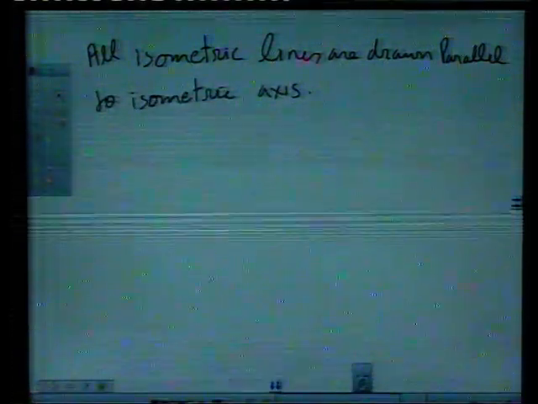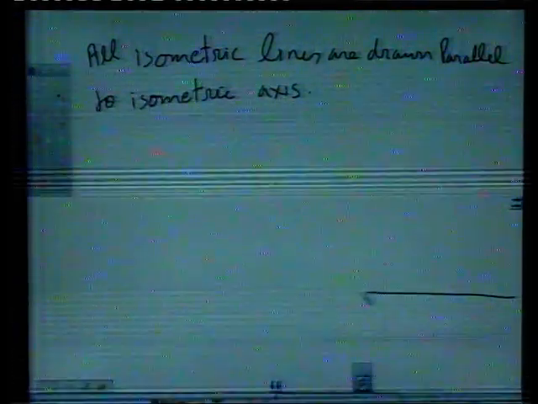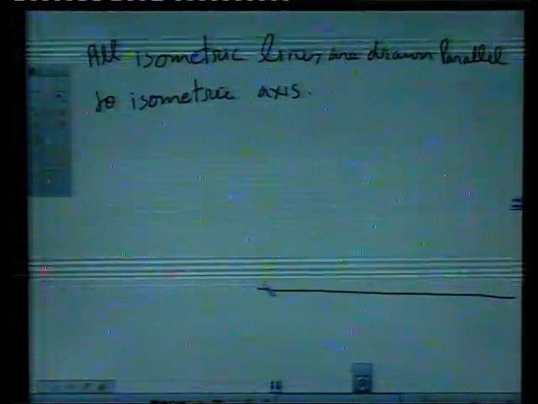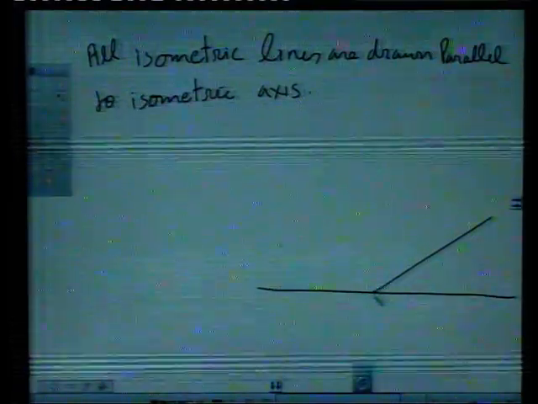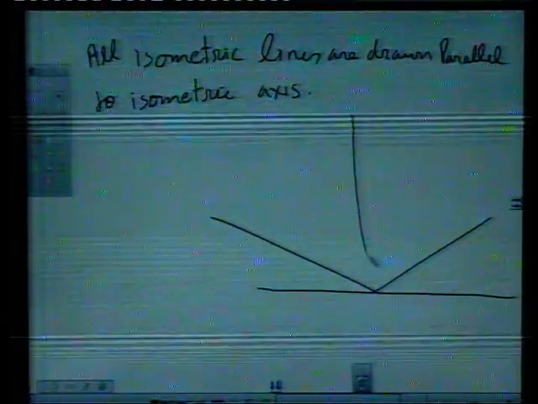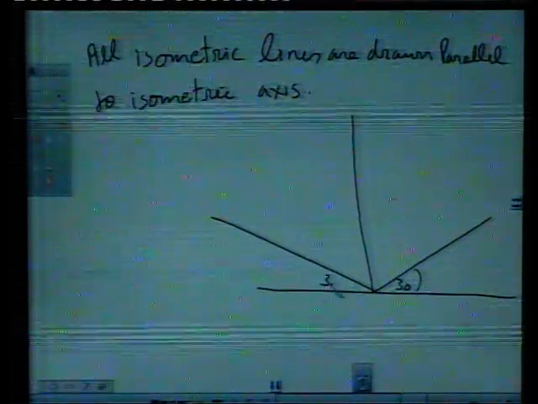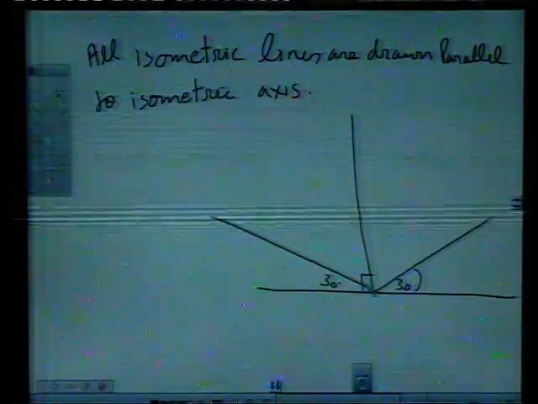That means, say this is the ground line, this is one isometric axis, this is the second isometric axis, this is the third isometric axis. This angle is 30, this angle is 30, and this is 90 here.